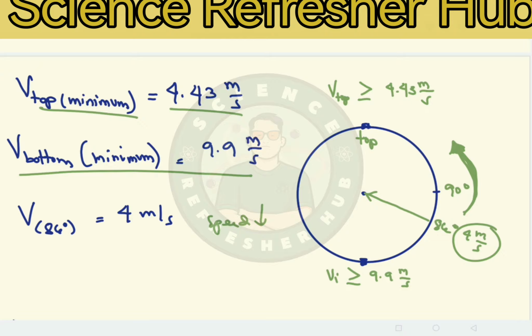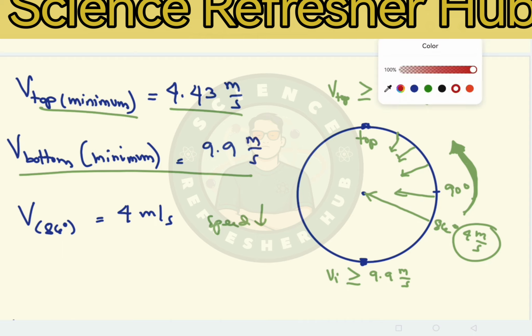There's a possibility that it will not push through the motion because it's lacking the speed as it goes up. So the tension at the same time will become lesser and lesser until it cannot make it through the top. Therefore, it will just follow a trajectory.